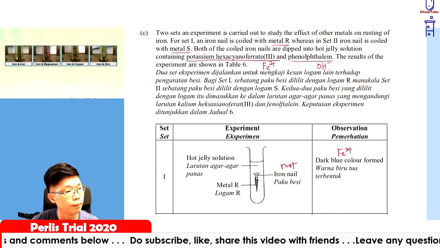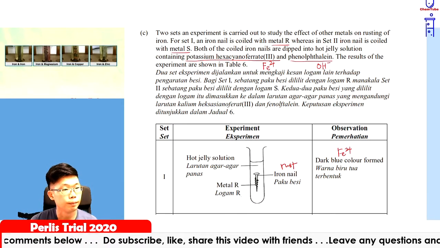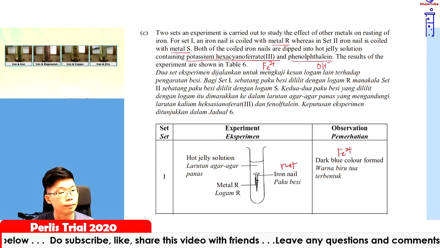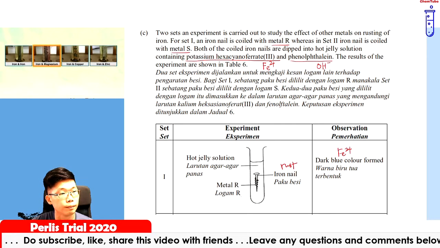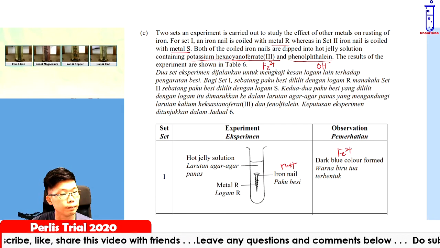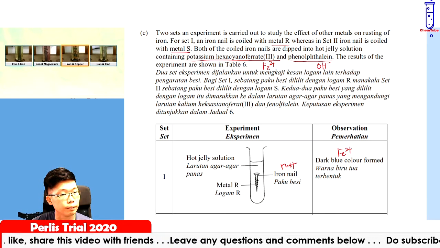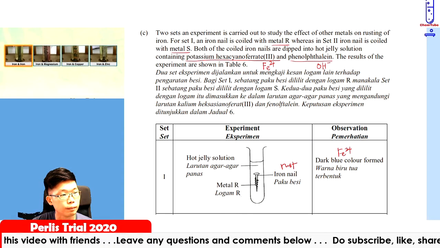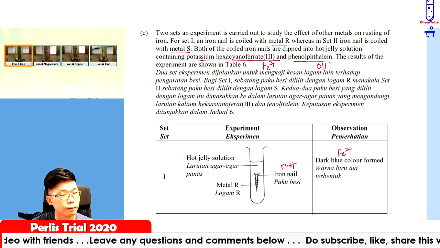We shall study the effect of some metals on the rusting of iron. The metals chosen are magnesium and zinc, which are more electropositive than iron, and the less electropositive copper. Iron and iron metal pair is set up as a control.